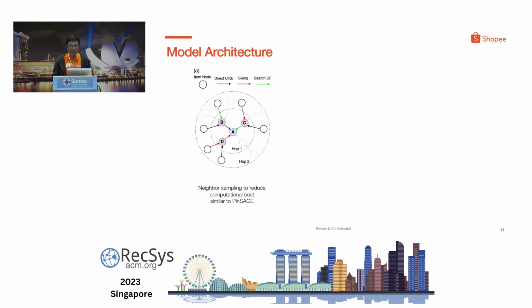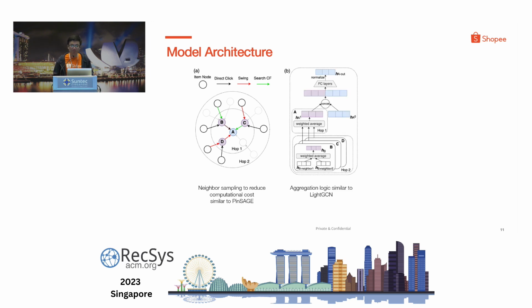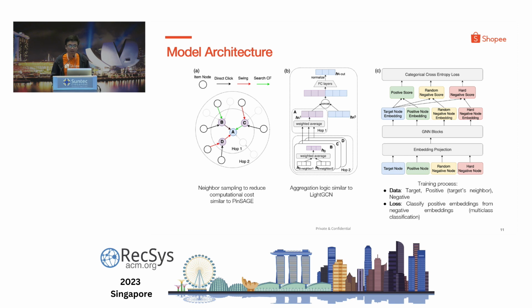For the details, first we do neighbor sampling to reduce computational cost, similar to PinSAGE. Then we have the neighbor embedding aggregation logic just like GraphSAGE, and this is the training pipeline. One data sample will have a target node, a positive node, and negative nodes.